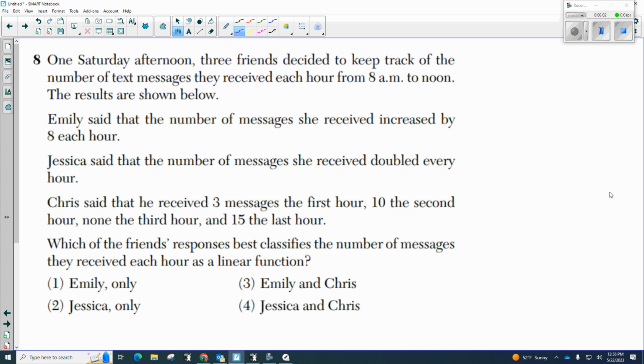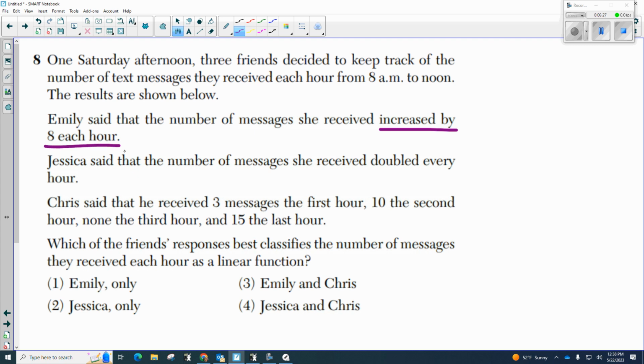over both strategies. Number 8, one Saturday afternoon, 3 friends decided to keep track of the number of text messages they received each hour from 8 a.m. to noon. The results are shown below. Emily said that the number of messages she received increased by 8 each hour. Underline that.